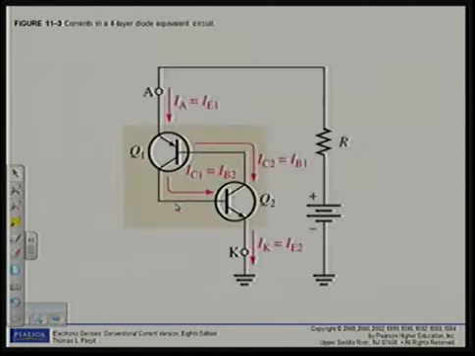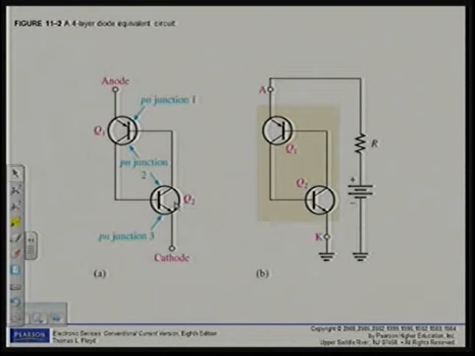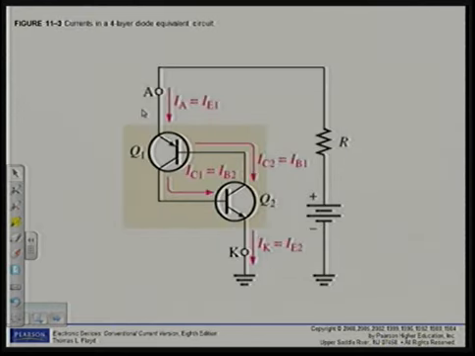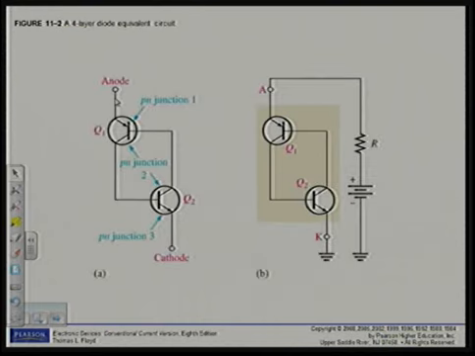Alright, if I go back to figure 11.2, a 4-layer diode equivalent circuit. Remember we said PN-PN, and here you can see that I have a transistor equivalent circuit. Let me draw that here quickly again.